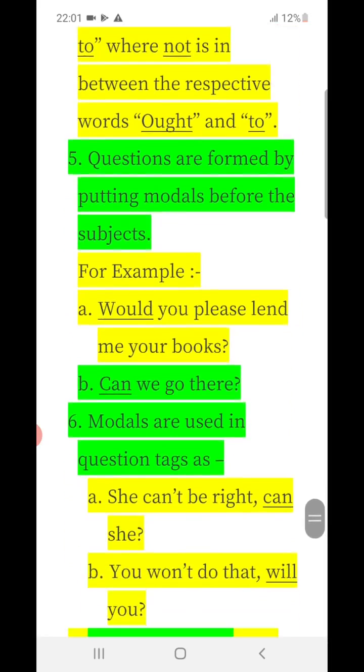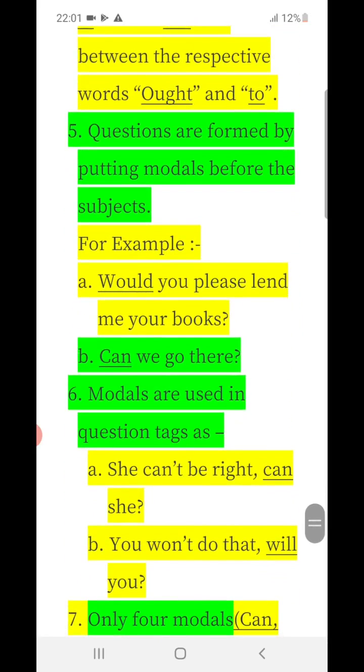Number 5. Questions are formed by putting modals before the subjects. For example, number A, would you please lend me your books? Number B, can we go there?